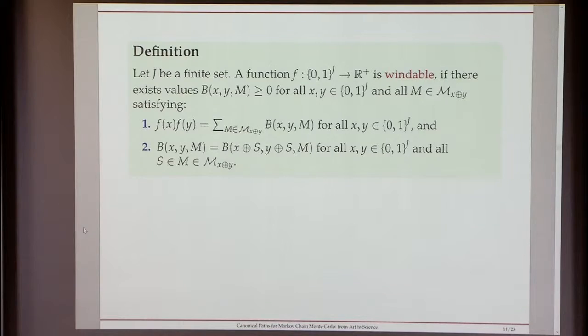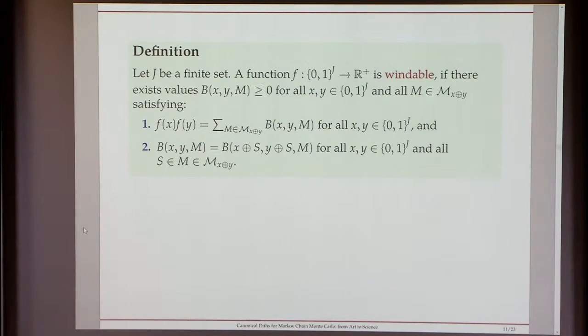So let's look at the definition. We say a function f is windable if there exist some values b. The values b are indexed by three parts: an input x, another input y, and a matching m.